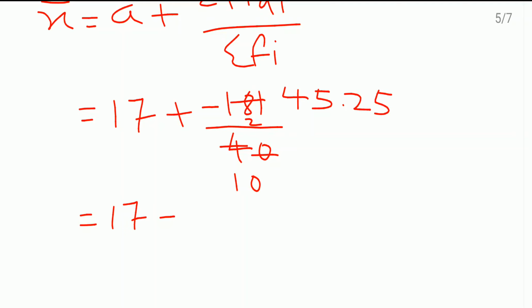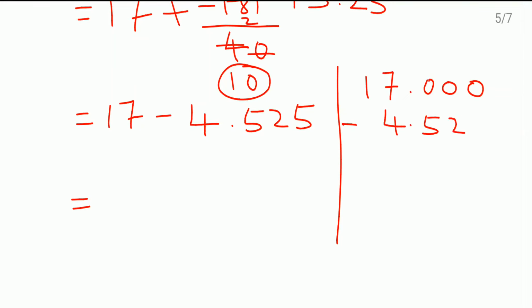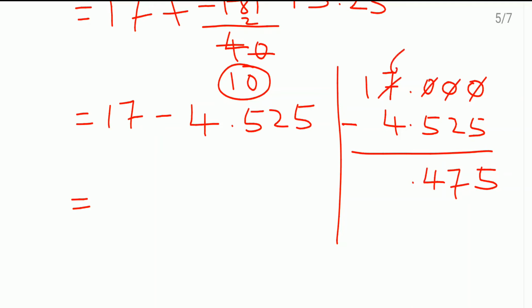Because of the 10 at the denominator, the decimal place will move to the left by one digit. So it will become 4.525. Now we need to do the subtraction. 17.000 minus 4.525. 10 minus 5 is 5. 9 minus 2 is 7. 9 minus 5 is 4. 6 minus 4 is 2.